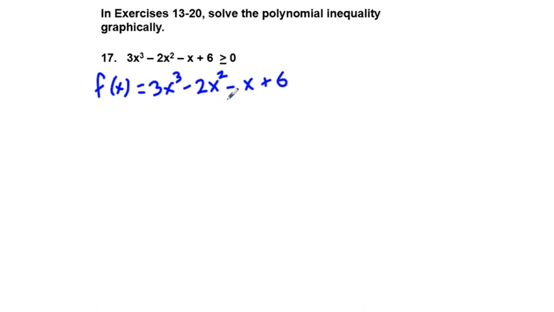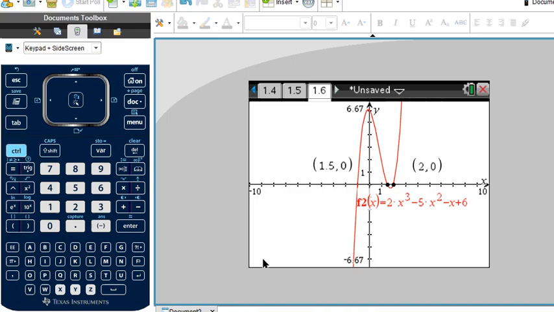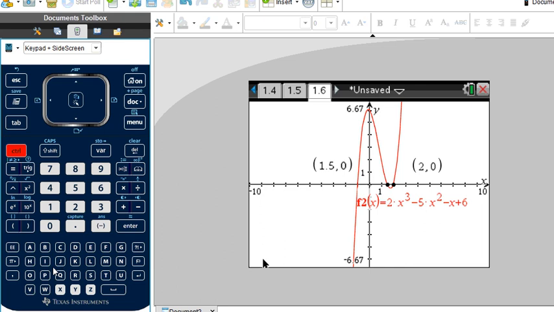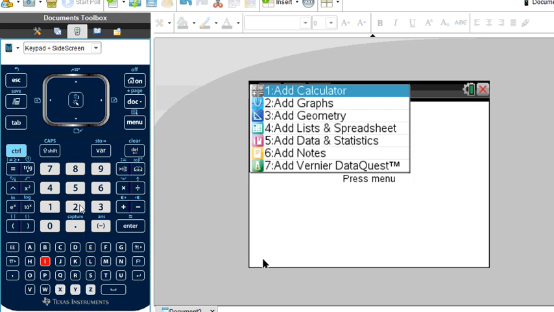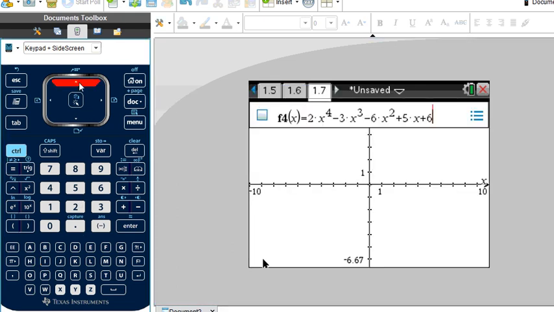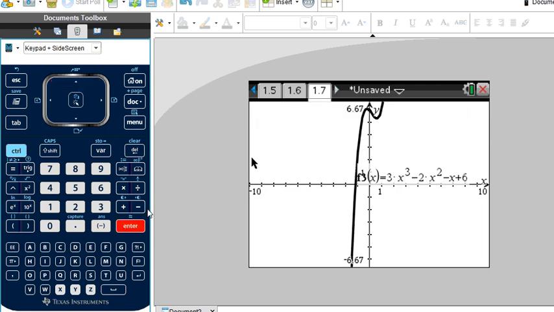And wherever this function is greater than or equal to 0, we have a solution set. We go Control I, we go to Add Graph, and we're going to go up and get this function here. It looks like we have just 1 0 here, and we're negative all the way up to this 1 0 around x equals -1, and then positive from there.